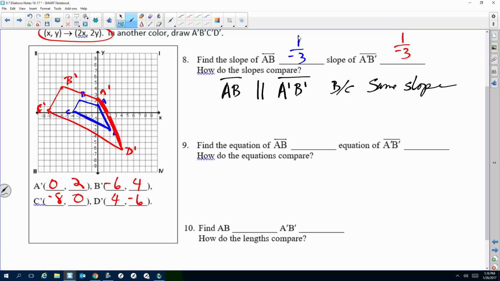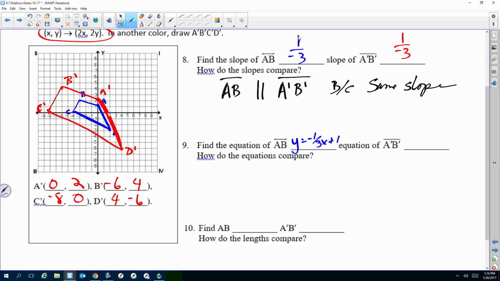Congruent would mean I have to now do the distance formula, okay? All right, now, write an equation for our pre-image, AB. We know the slope is negative 1/3. What's the y-intercept for AB? Because that's the easiest way to get to it. Yeah, it's 1. So y equals negative 1/3 x plus 1.